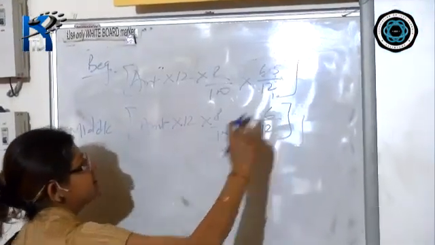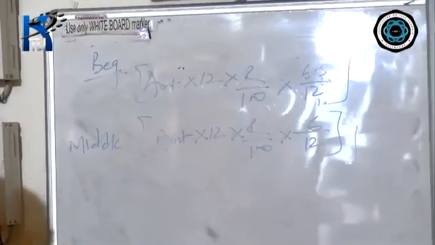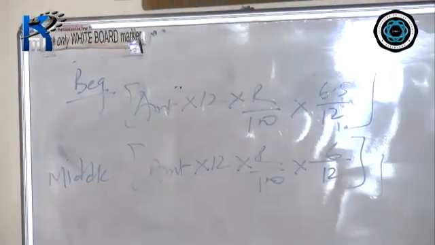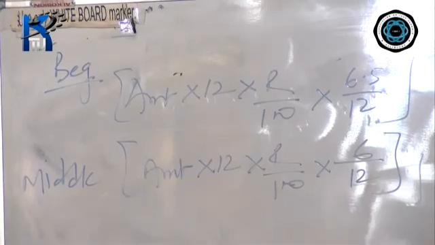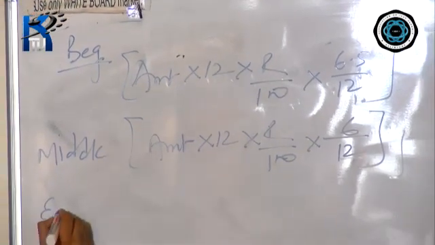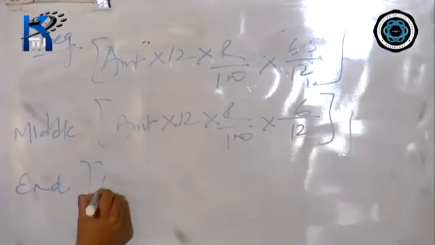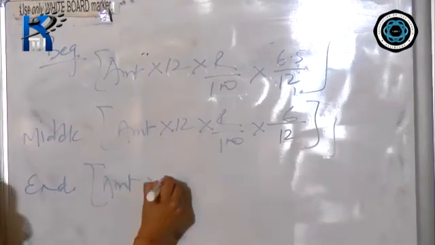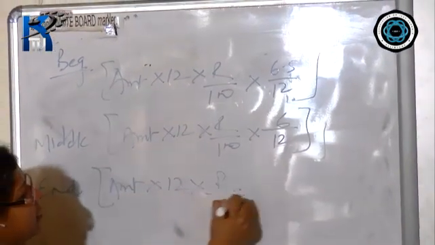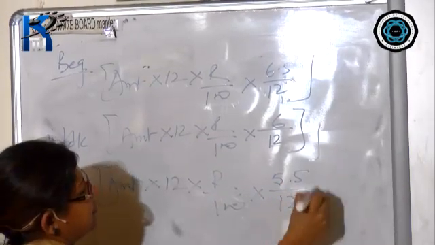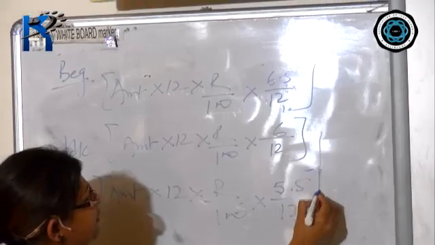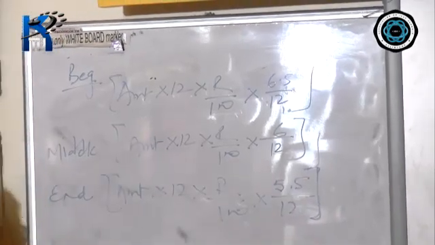Now how did I get the 6 by 12? The same method applies: time left after first withdrawal plus time left after last withdrawal upon 2. Then end of every month would be amount into 12 into rate upon 100 into 5.5 by 12. 5.5 by 12, again the same method.